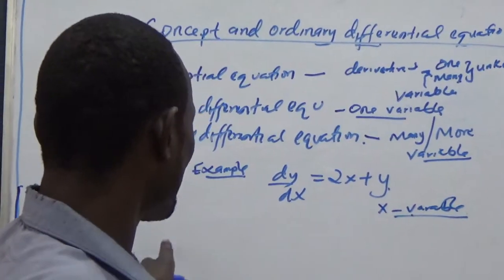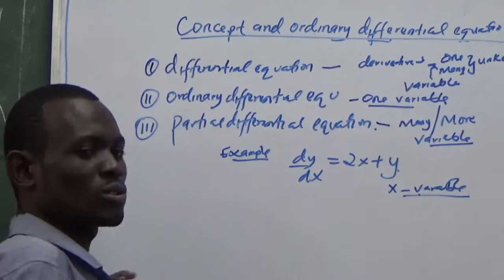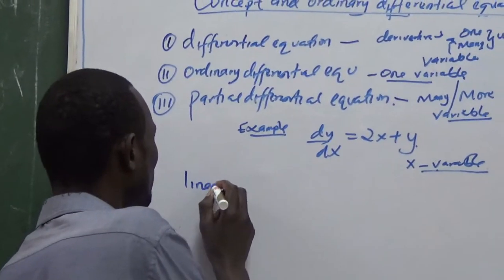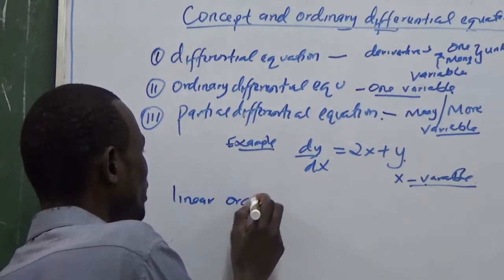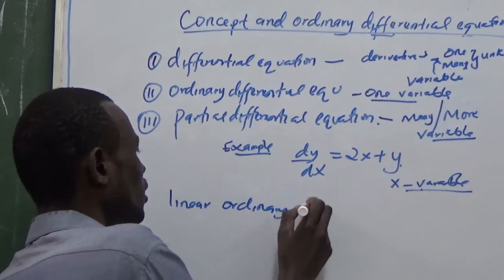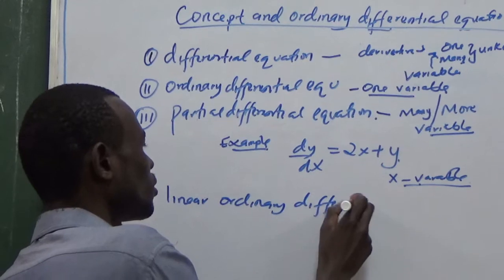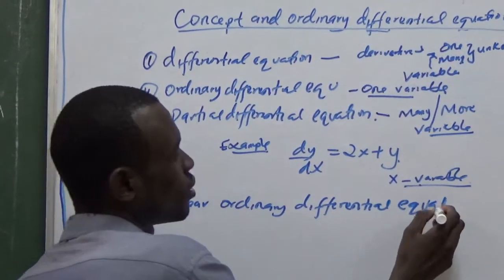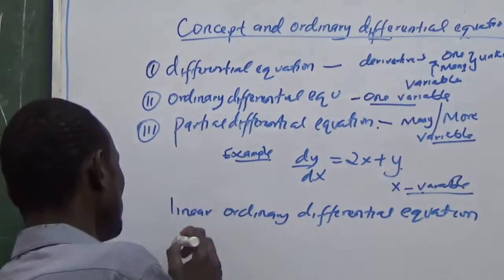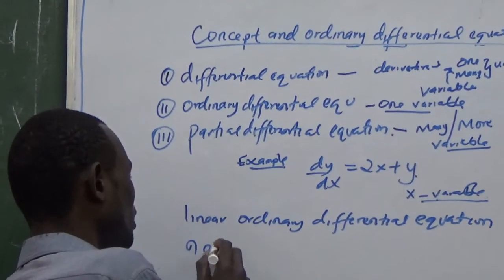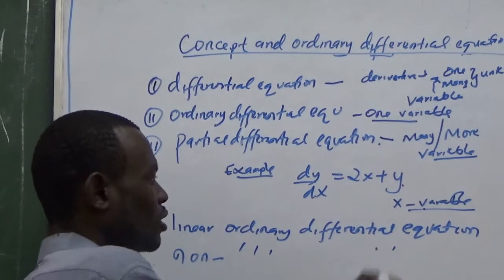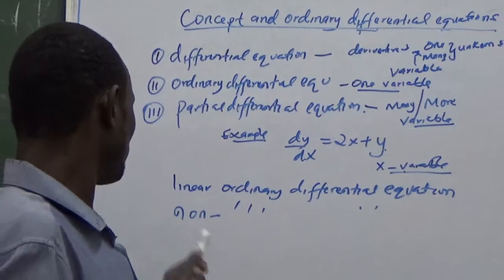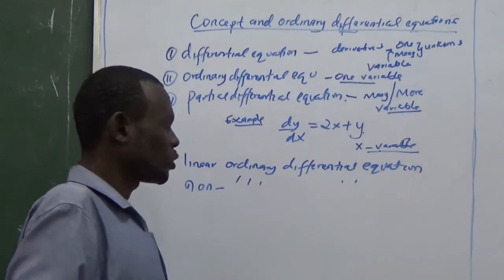Then we have these equations can either be a linear ordinary differential equation, or they can be a non-linear ordinary differential equation. In this case, we are going to define what are these linear ordinary differential equations.